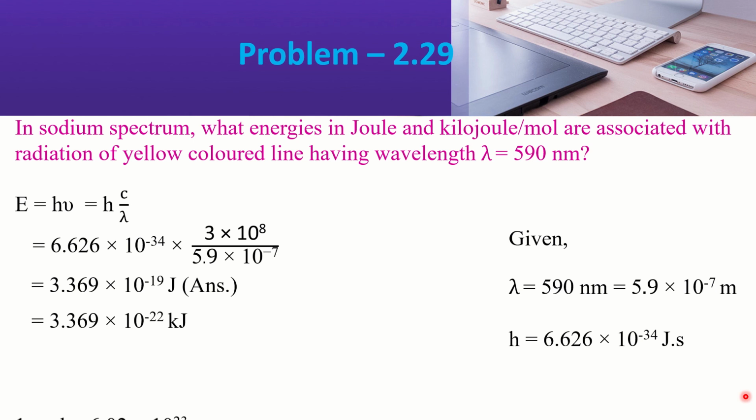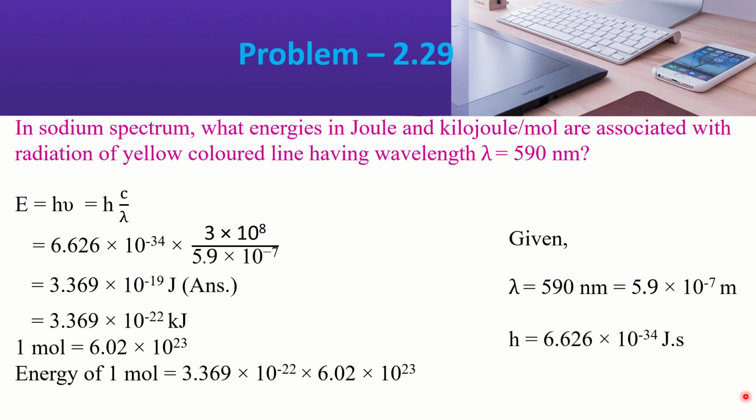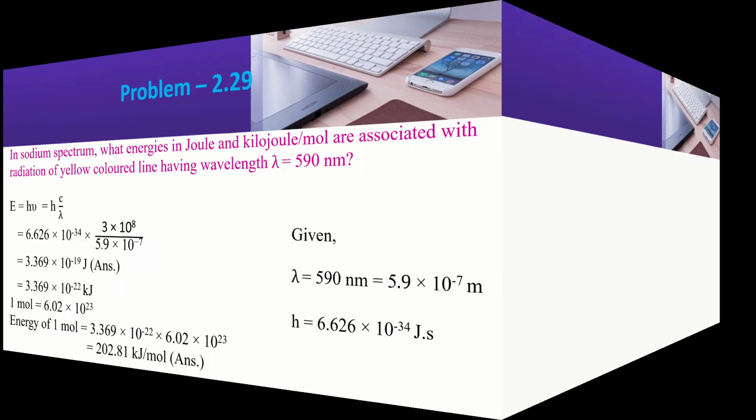So 1 mole equal what? 1 mole equal 6.02 into 10 to the power 23. So the energy of 1 mole comes 202.81 kilojoule per mole. So these two are our required answer.